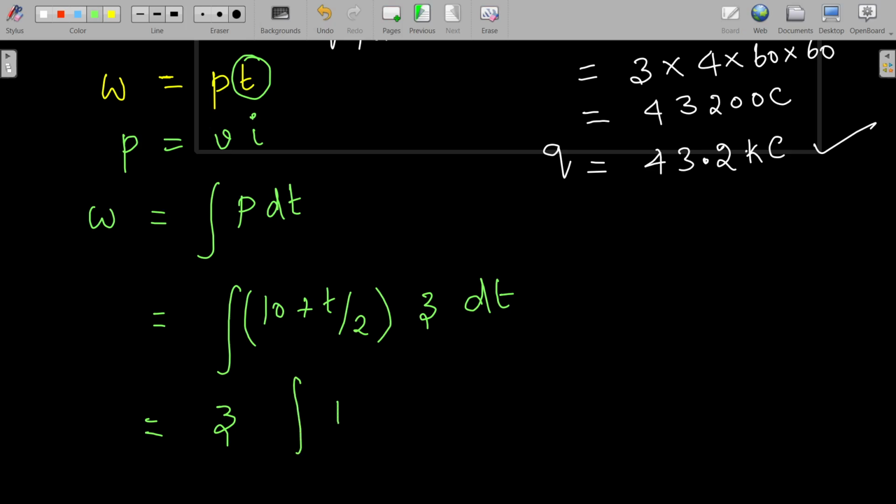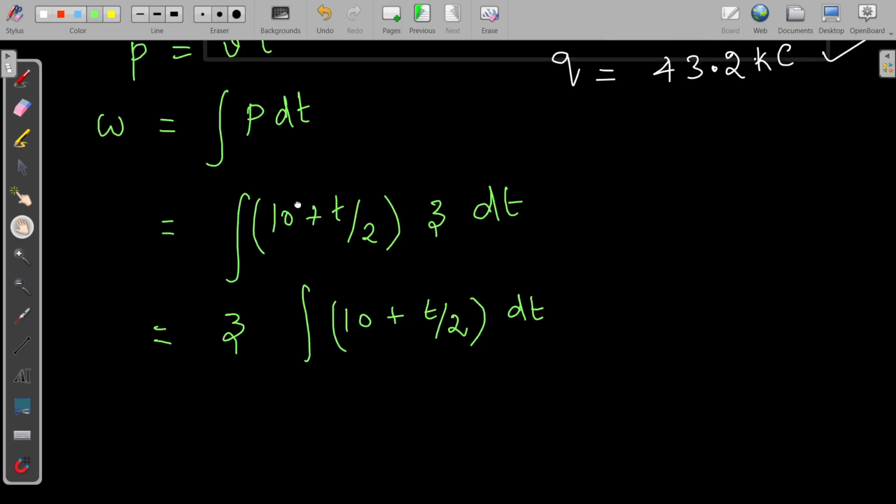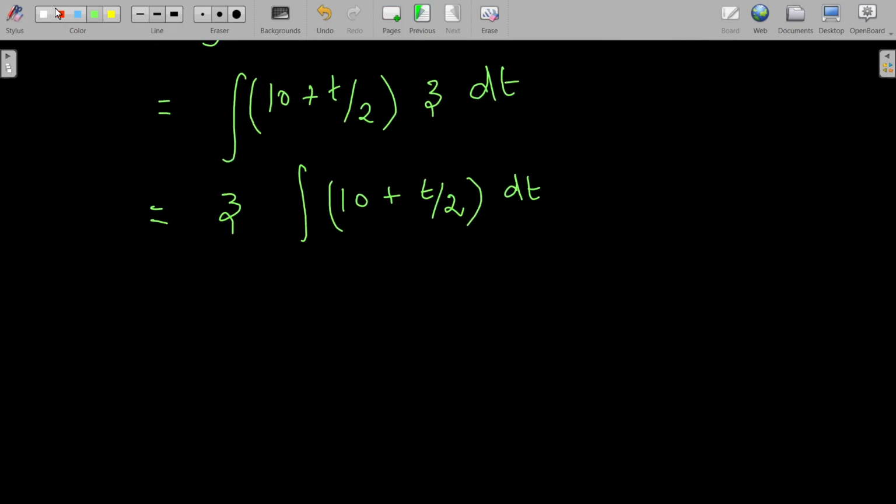Then you can perform the integration of (10 + t/2) dt. So this is equal to 3 times (10t + t²/4).